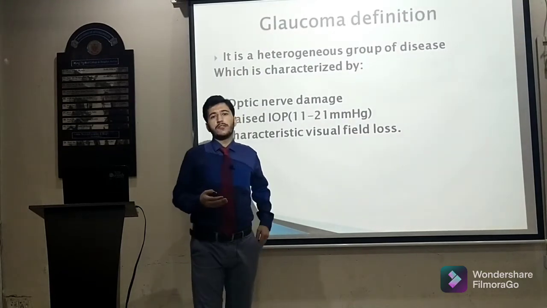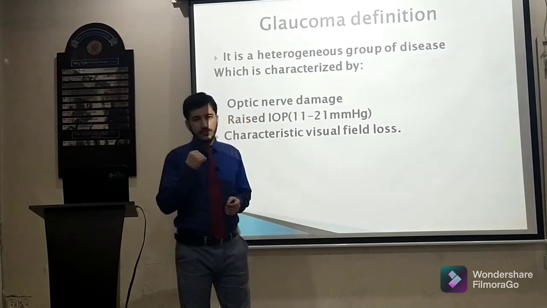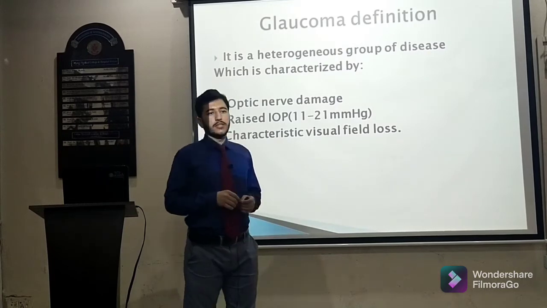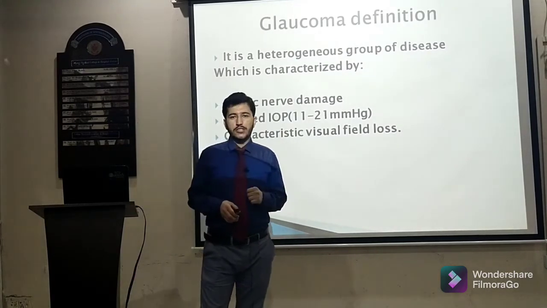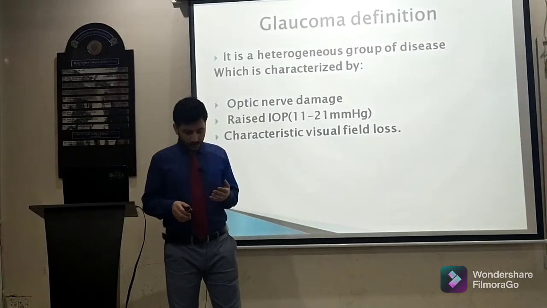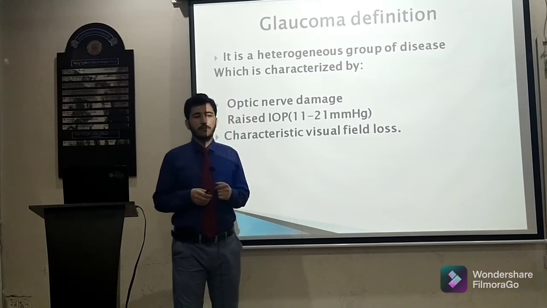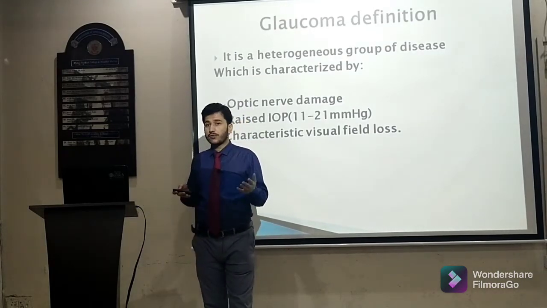It is a heterogeneous group of diseases which is characterized by three parameters. Number one, optic nerve damage or optic neuropathy; raised intraocular pressure, which is normally between 11 to 21 millimeter mercury; or characteristic visual field defects.